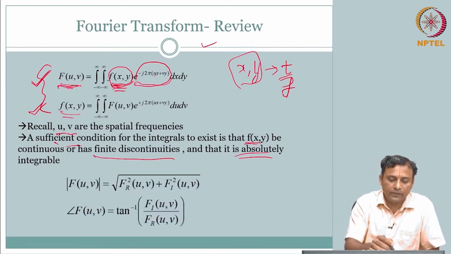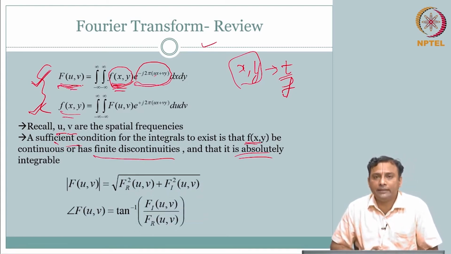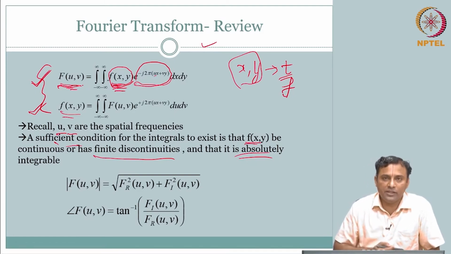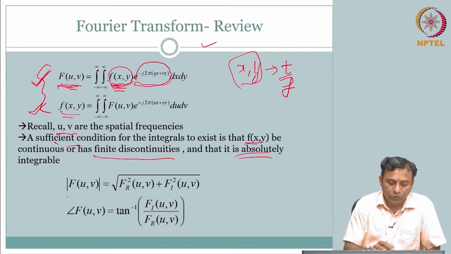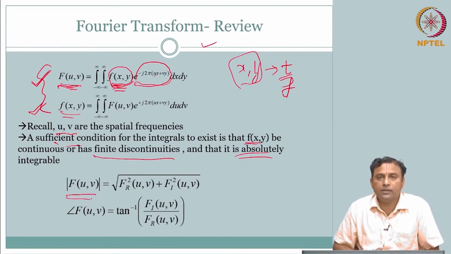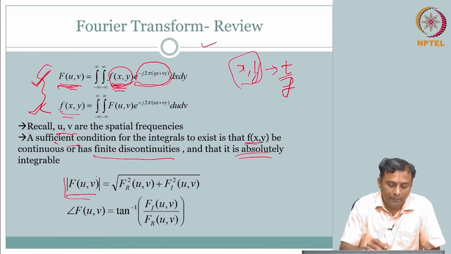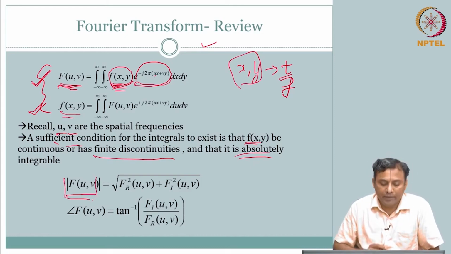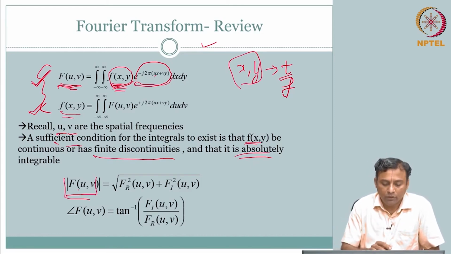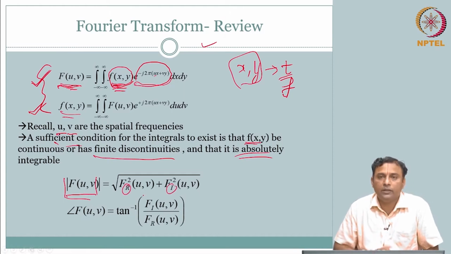So, if that is the case, if you break the signal f of x comma y into its frequency components, you could calculate what is called your magnitude response, or your magnitude spectra, right. This is your real part, this is your imaginary part.